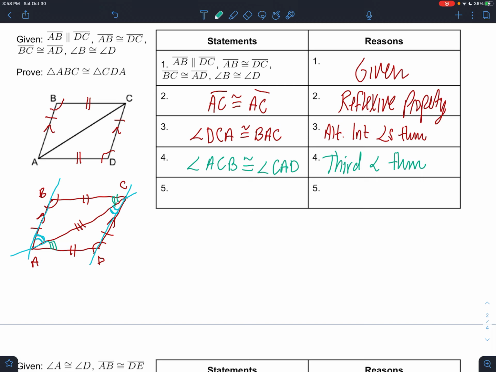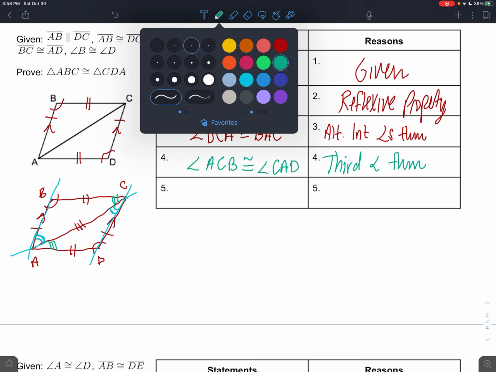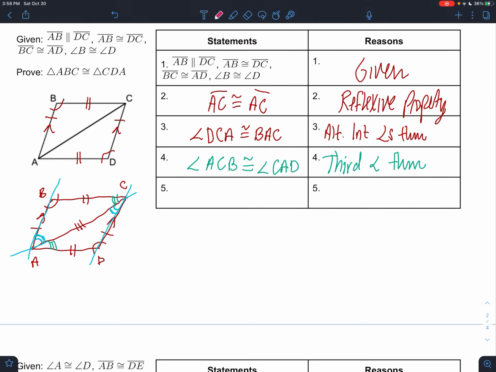So the writing and the labeling is really monotonous and difficult, but the idea was that we got the third side here, the second angle here, and the third angle pair there. So we do have everything matching up now, so we can say what we were looking to prove. The reason for this, you could say a number of things, but I would say that the corresponding parts match.